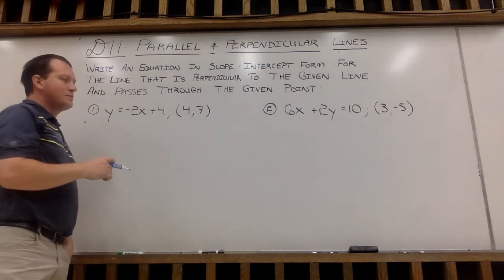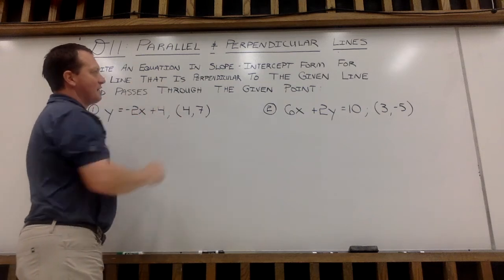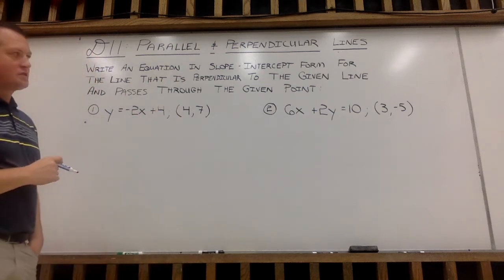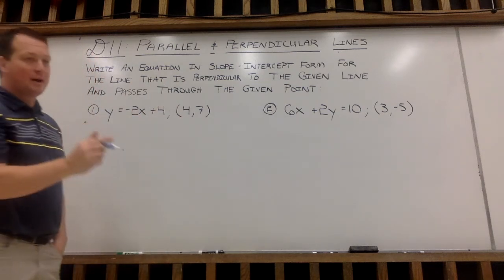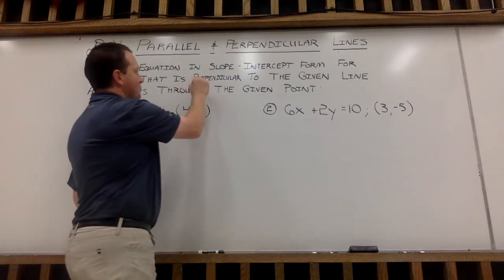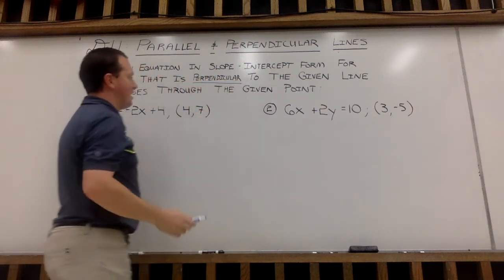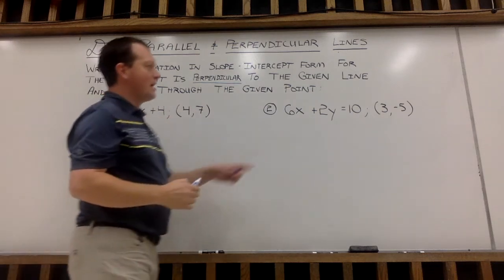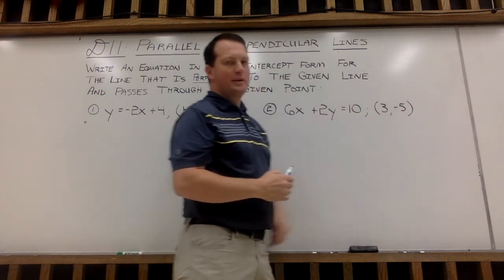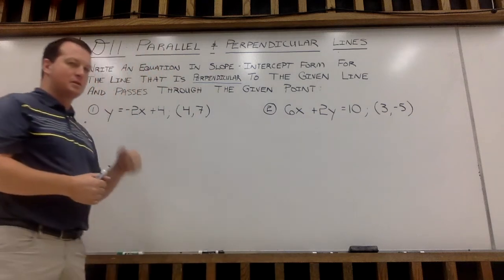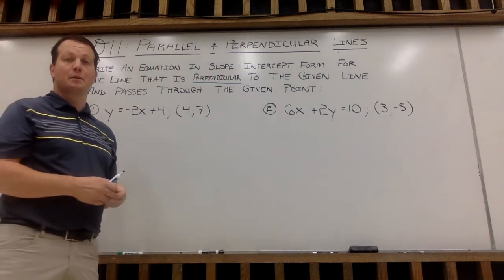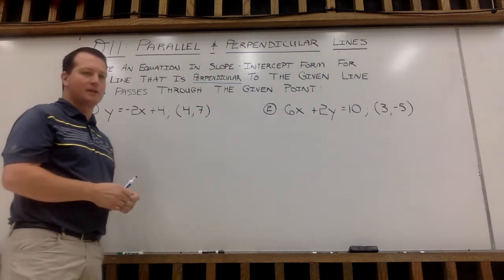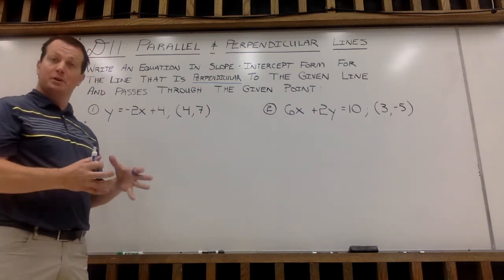The only difference is that instead of writing an equation in slope-intercept form for a line that is parallel, we have now the word perpendicular to the given line, but then also has to pass through a specific xy point. So we need to find what is the specific b value, y-intercept, so I can find a perpendicular line.